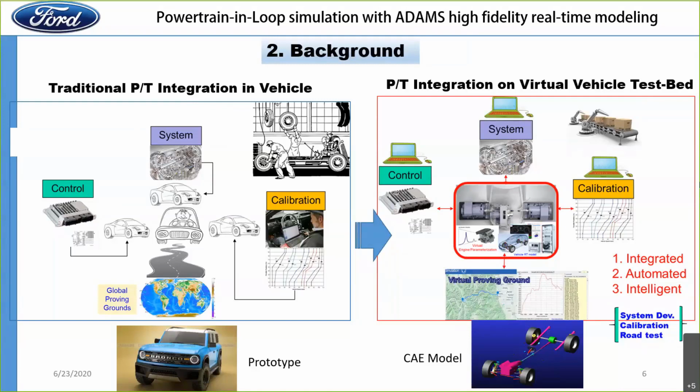The benefit is that it is easy for us to do the development work. We are not dependent on the weather. We can automate the testing much more easily, and we can also develop artificial intelligence algorithms to accelerate the whole process.